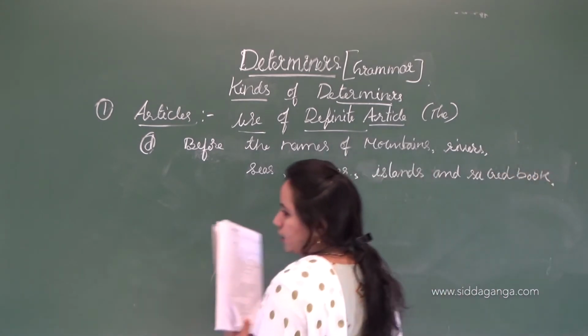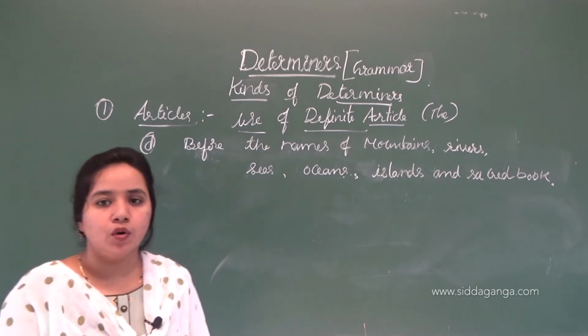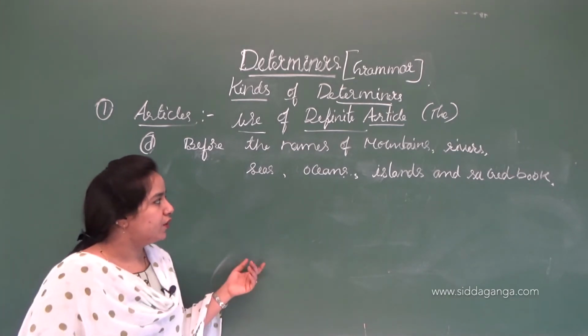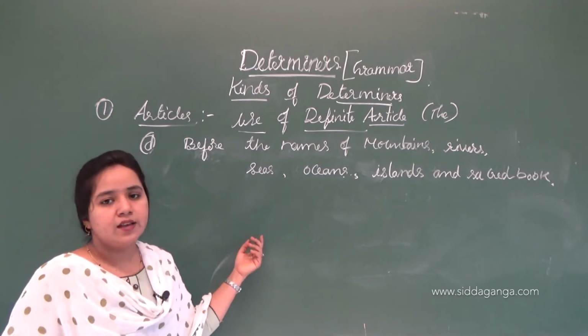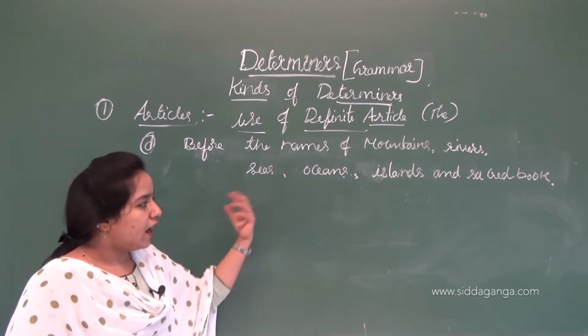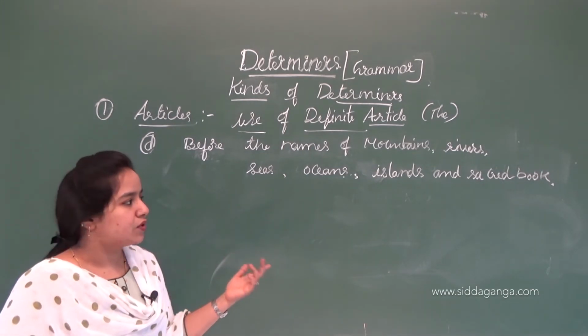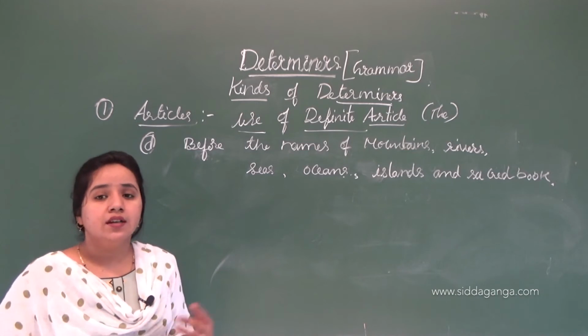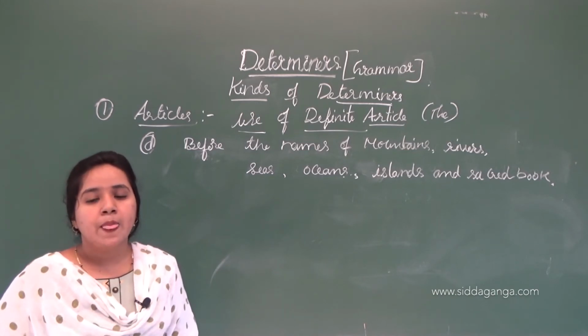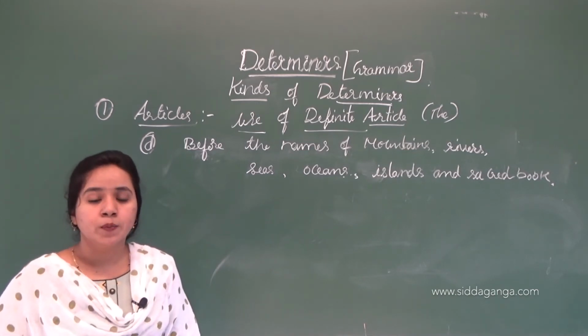The definite article is used before the names of mountains, rivers, seas, oceans, islands, then sacred books, the holy books: the Quran, the Bible, the Bhagavad Gita, the Upanishads.